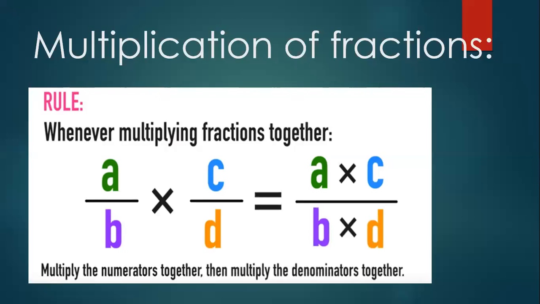When I multiply both the numerators, it becomes a multiplied by c. This is our new numerator. And we'll multiply the denominators, b multiplied by d, which is our new denominator. Is this clear to you?